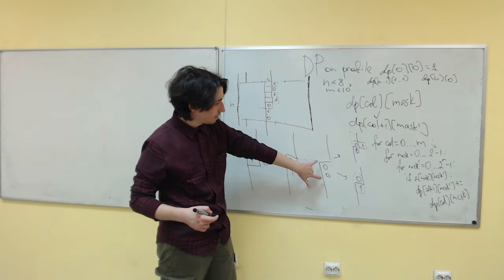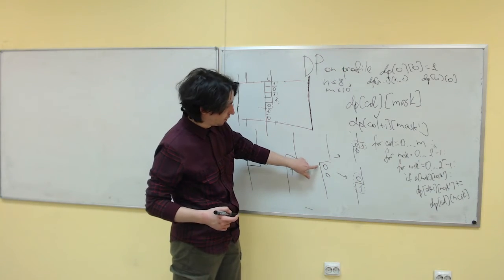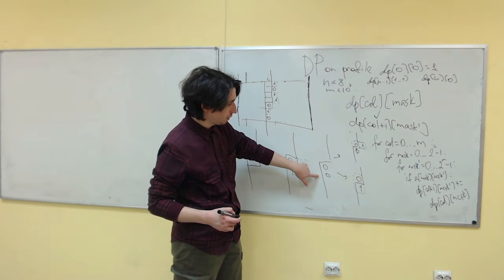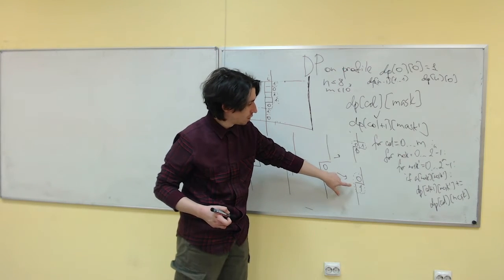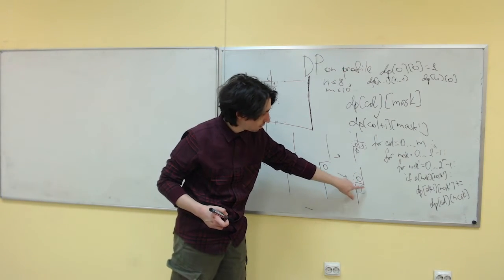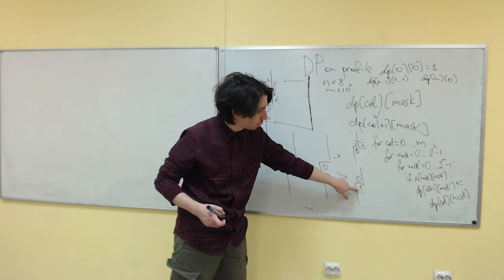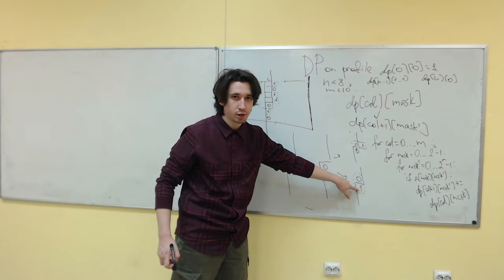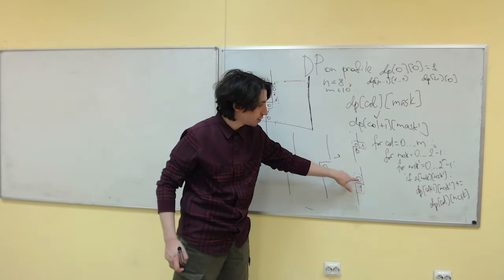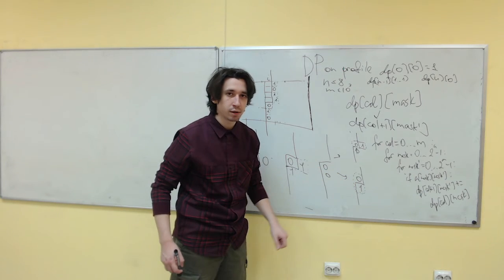Or you add it vertically, and then both cells become 1, and you move to this state where we put this domino vertically, and there is 1 already here because it is covered by this domino right now.